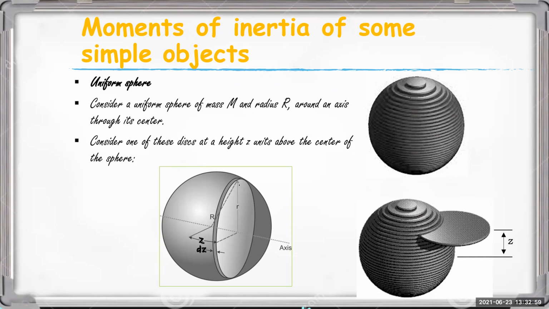One important parameter to be noted is that the radius of this particular disk is taken as r. Just look at this figure. The top part must have lower radius, then the radius increases up to this point, then the radius decreases.